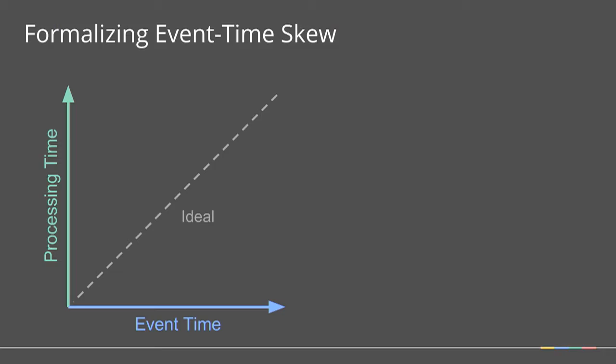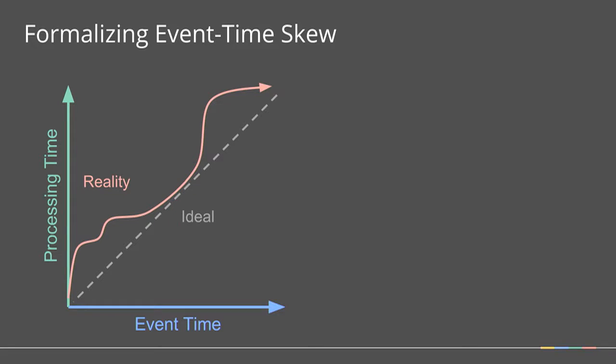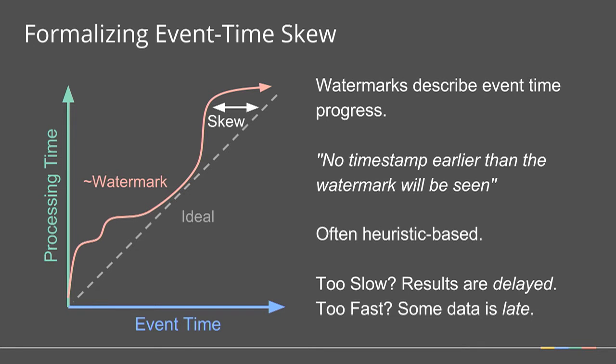When you try to figure out how to compute on these infinite unbounded streams that come with unknown delays, you have to think about the difference between event time and processing time. Ideally, an event happens and we see it immediately. In reality, events happen and then we see them eventually, and hopefully the delay is not too big. The skew is the gap between this line and the ideal line. And the wiggly line is the watermark. The watermark describes the event time progress.